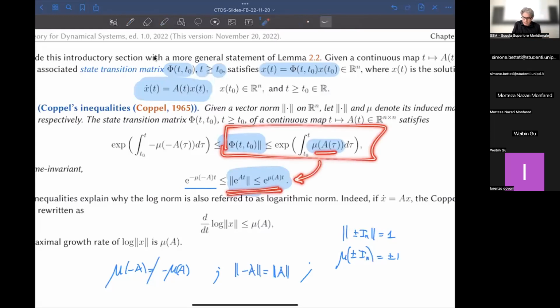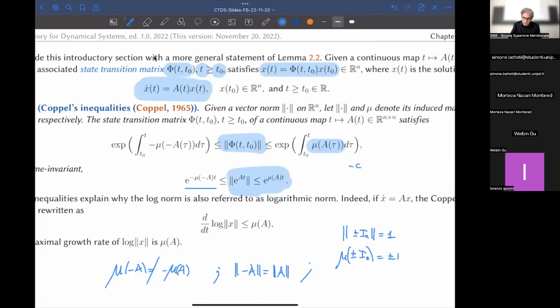Because when A is constant, mu of A of tau is just a constant, and then I integrate it. But I also want to make the case that, suppose that minus c is an upper bound on mu of A of tau. Then you have proved convergence of a time-varying linear system, which is not obvious.